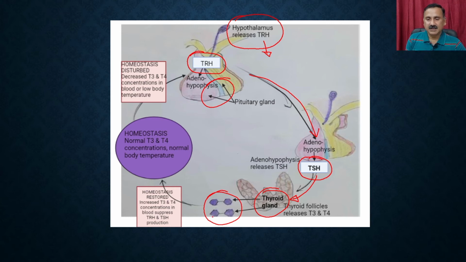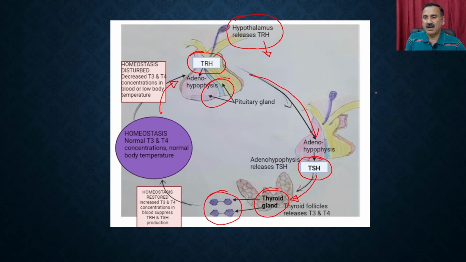And once their role is over, once you have maintained the normal homeostasis, it is going to bind to the TRH site, the adenohypophysis in the pituitary gland, and that is how it is going to inhibit the production of TSH from the pituitary gland.